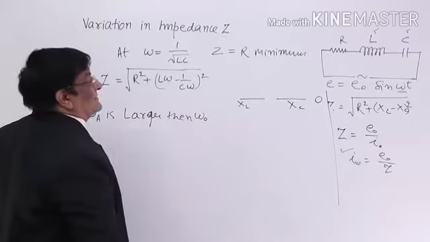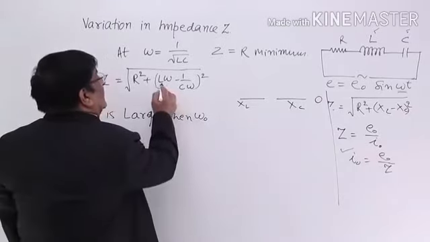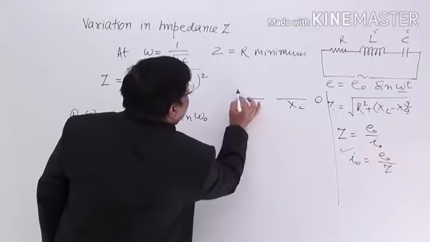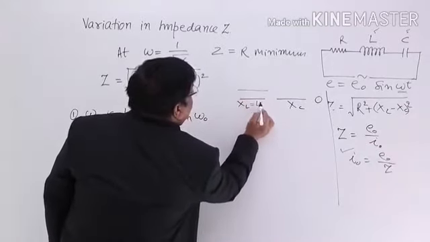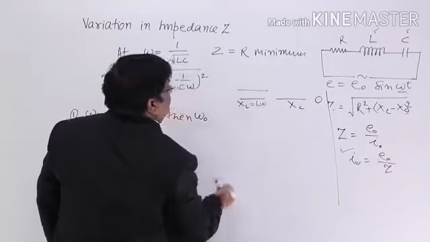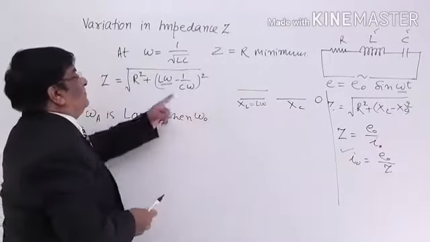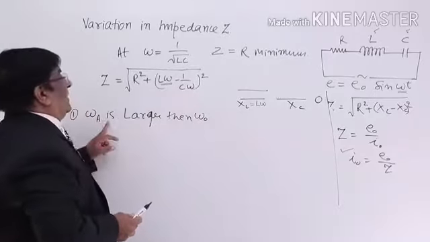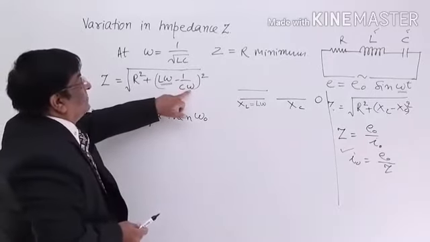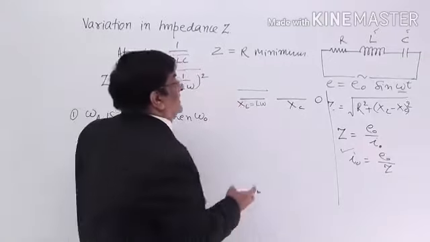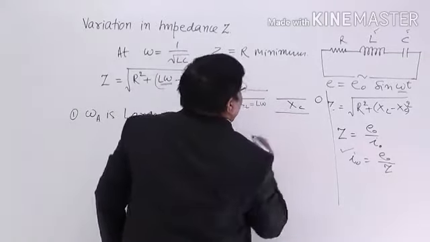If omega has increased, then what is the effect on L omega? This will increase. What is the effect on C omega? If omega is larger, then 1 upon C omega, that is XC, will decrease.